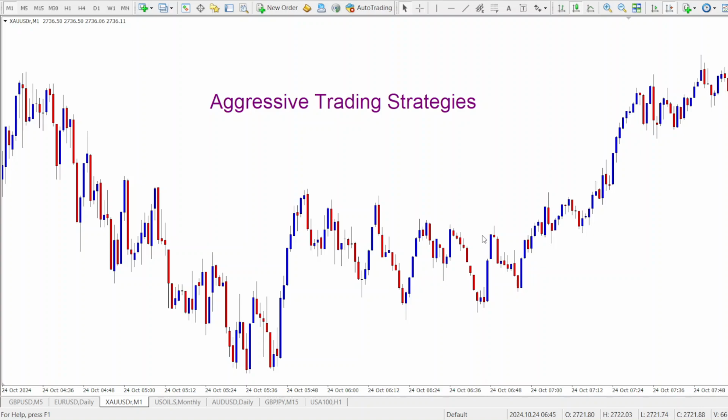It's crucial to understand the importance of emotional control. It's very, very crucial. You have to learn how to manage your emotions, whether you are scalping or momentum trading. Because when you are trading aggressively, if you can't handle your emotions properly, you might end up giving a lot of money to the market.